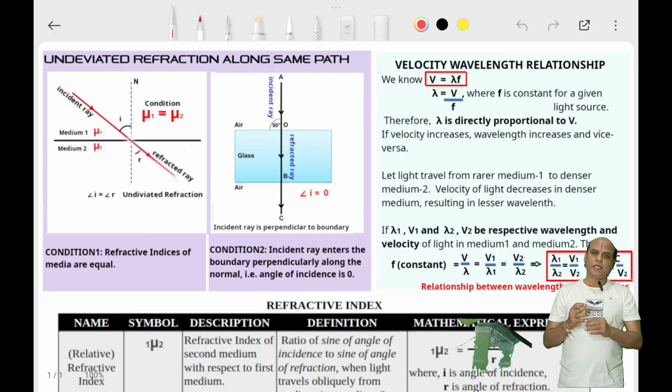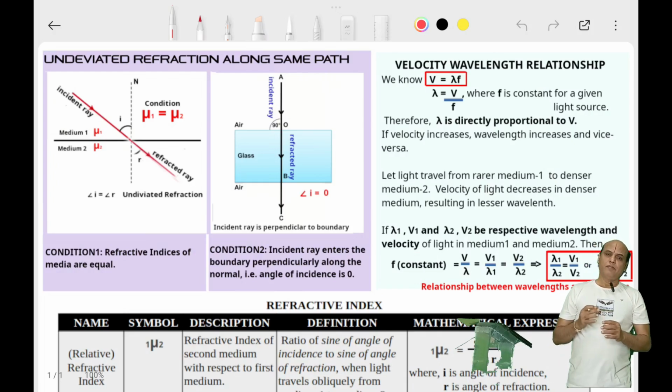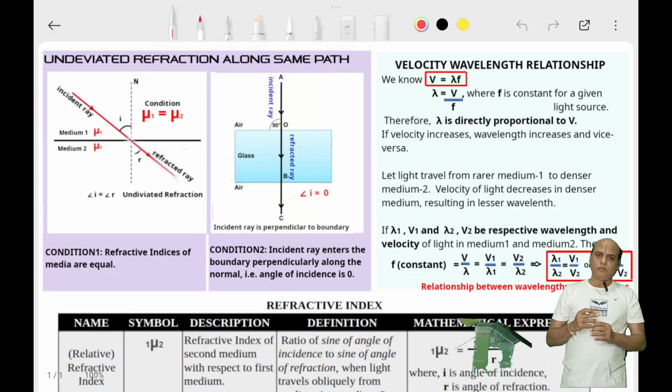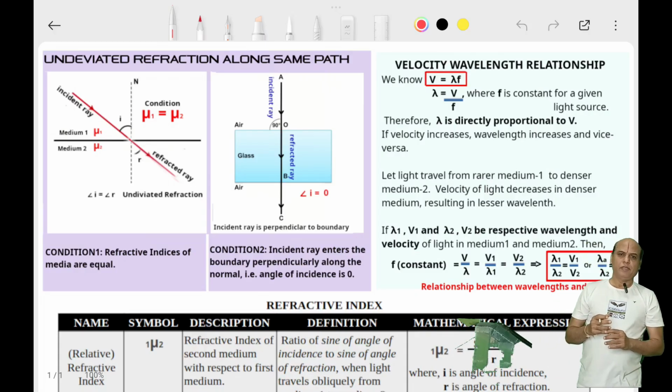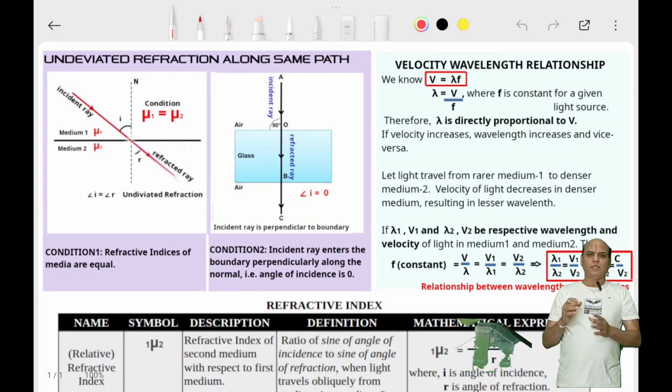Due to this, the refracted ray tends to move away from the normal. Angle of incidence i is given as angle of refraction minus deviation, that is delta. We have seen this in the earlier session.